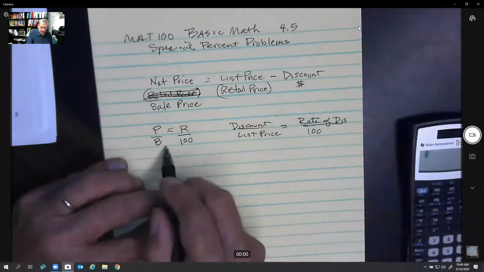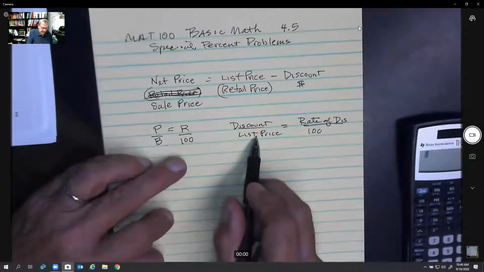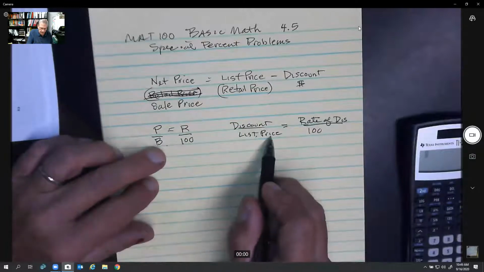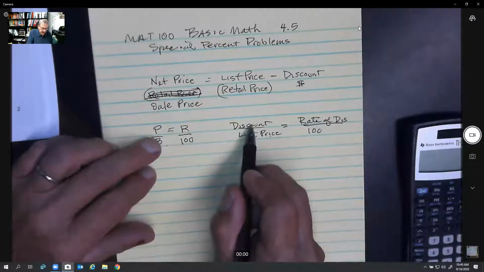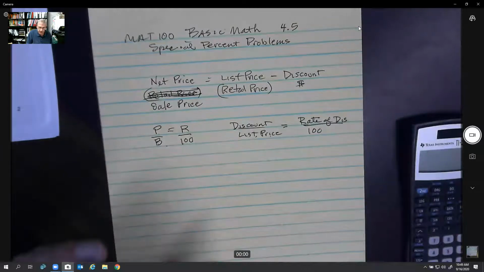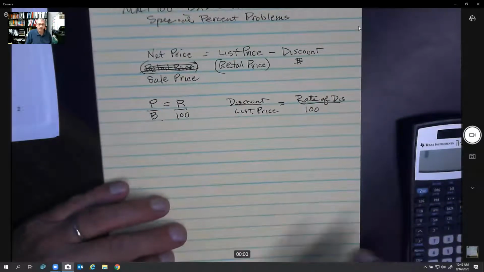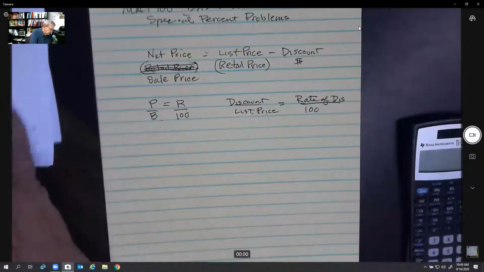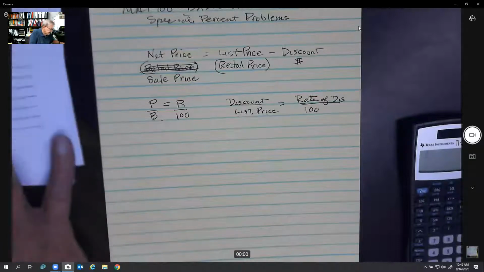It's like this formula right here. This is the base, the list price. The discount is the part that you're going to get knocked off, and then the rate over 100. Well, let's try a problem and see if it makes any sense.